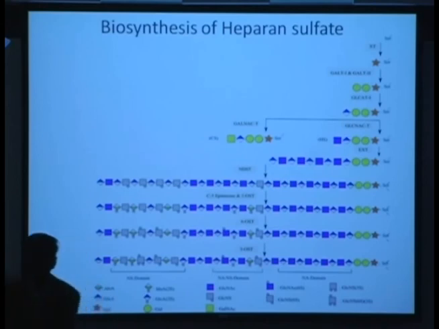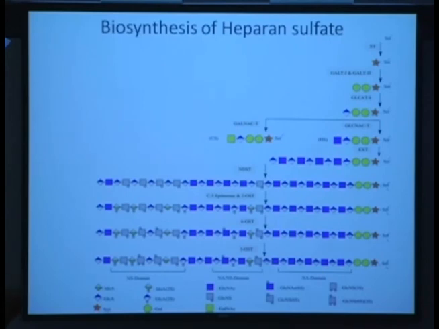So the question is whether the chain length of the NA and NS domains is conserved. The answer is no. And even the chain length itself is so different during development. So there is no specific pattern that we can generalize.